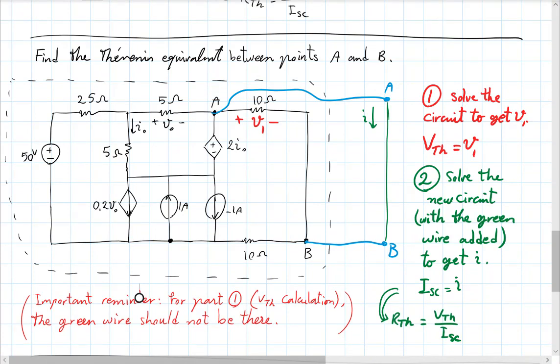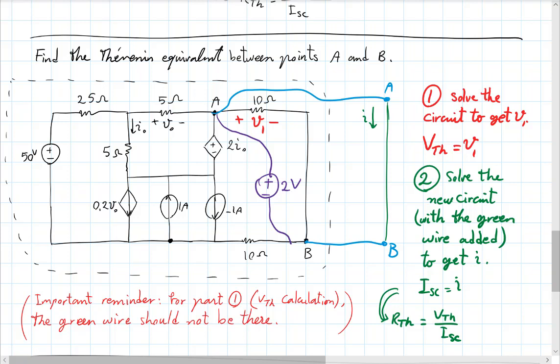If I had the same circuit, but something else inside, another voltage source here. Let's call this 2 volts. So imagine I have the original circuit plus this.